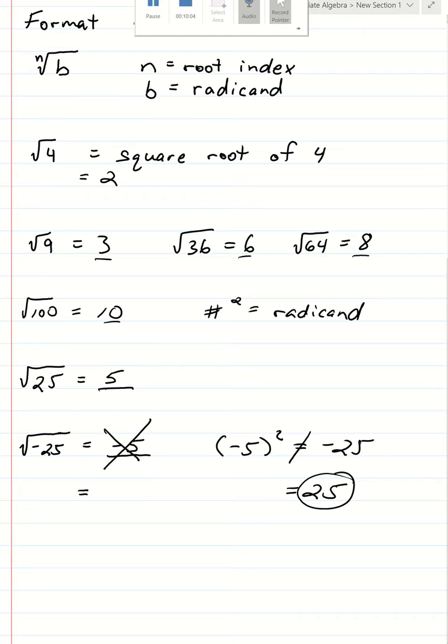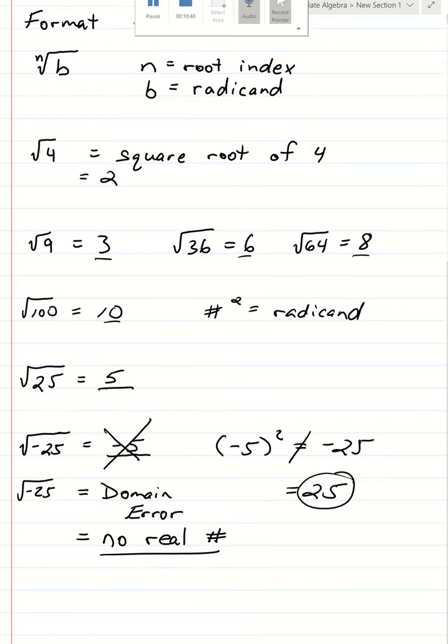However, if you were to try the square root of a negative 25 on your scientific calculator, it may give you some type of error message. It may be so sophisticated as to say domain error. Because what it's trying to tell you is that there's actually no real number. That would be the correct answer for this point in time when we try to take the square root of a negative radicand.